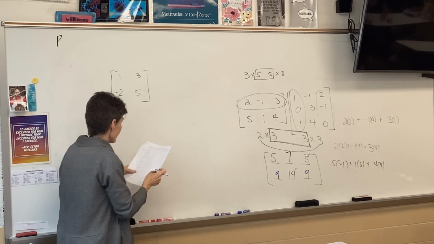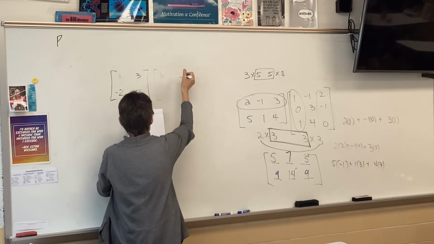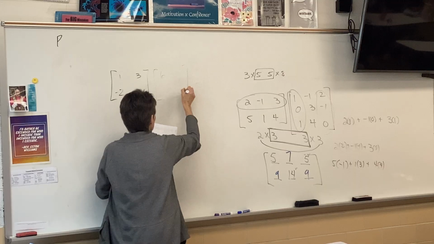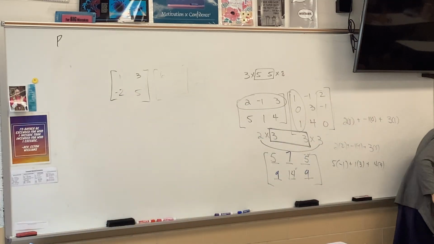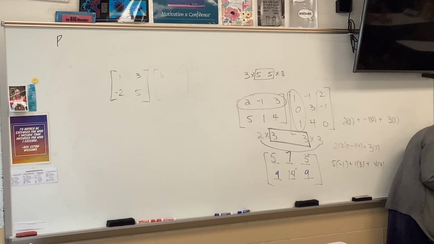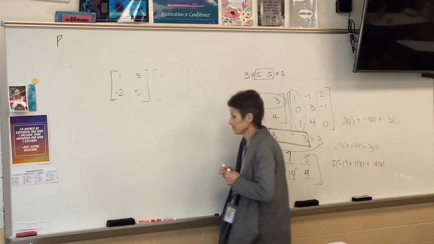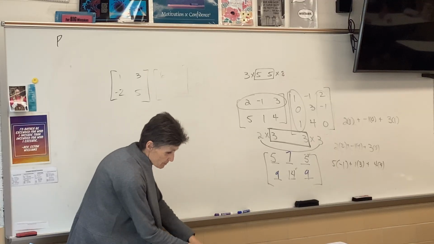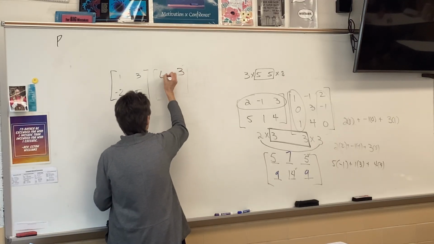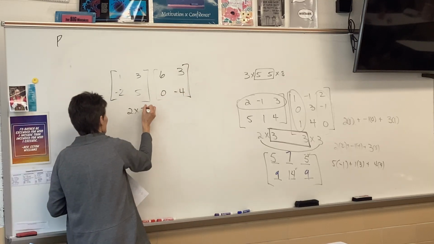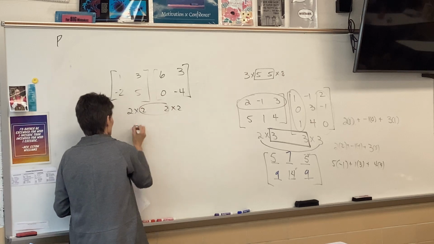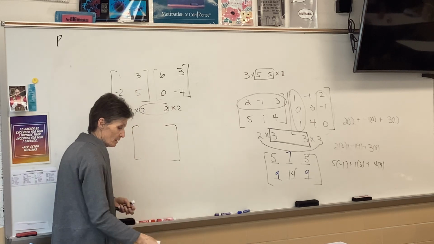So that is A transpose, and we're gonna multiply it times B. 6, 3. All right, got a 2 by 2 and a 2 by 2, and end up with a 2 by 2. Here we go.